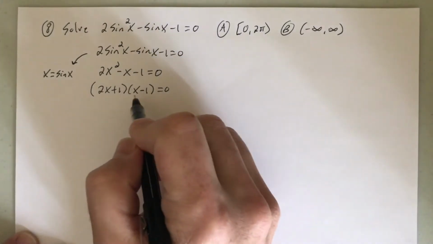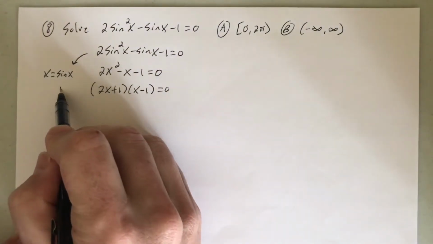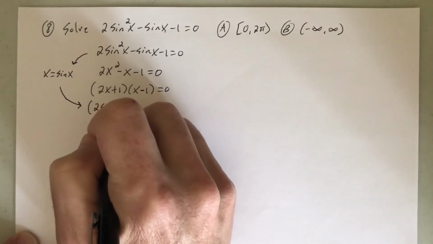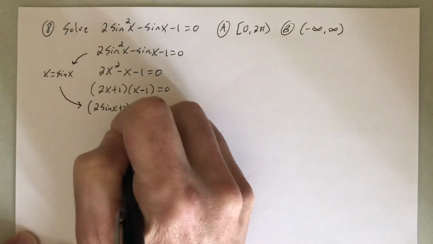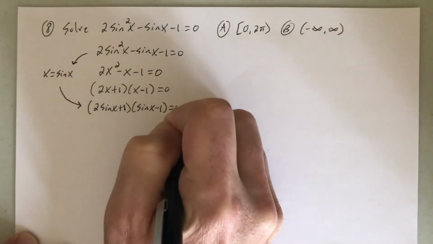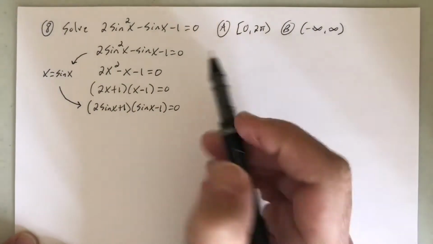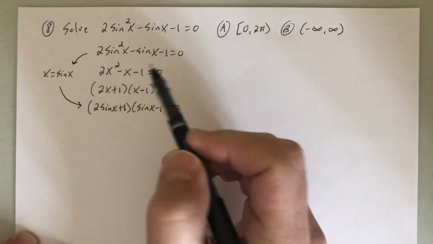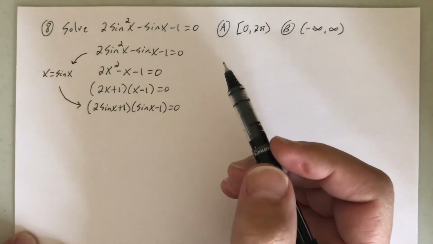Now I'm going to put back my sine x. So this would be 2 sine x plus 1 times sine x minus 1 is equal to 0. You could have gone from here to here in factoring and not have done the substitution. It's totally up to you. It depends on what you recognize.